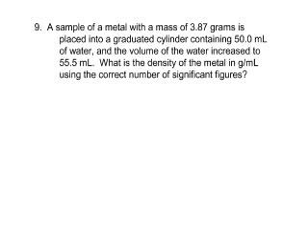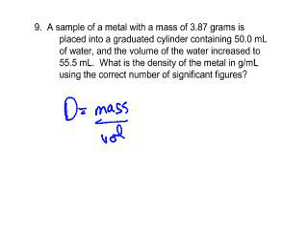Number 9, a sample of metal has a mass of 3.87 grams and is placed in a graduated cylinder containing 50 milliliters of water. And then we get a displacement. What's the density of the metal, with the correct number of significant digits? So the density, of course, is mass over volume. So now the volume went from 50.0 and it was 55.5, so it went up.